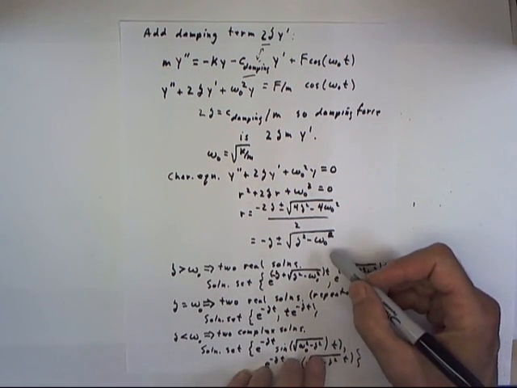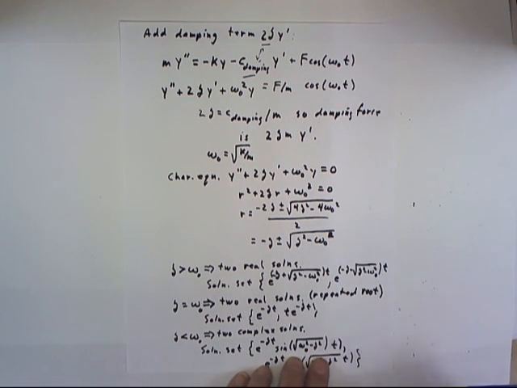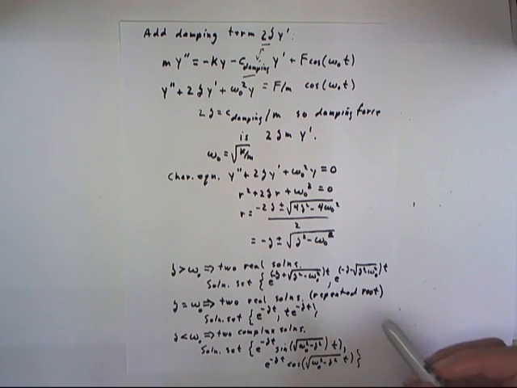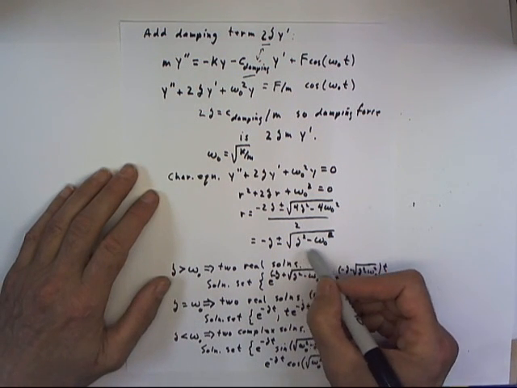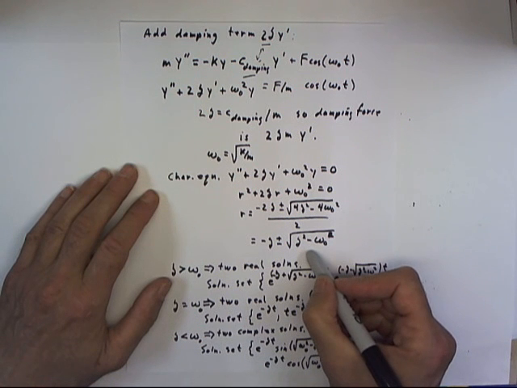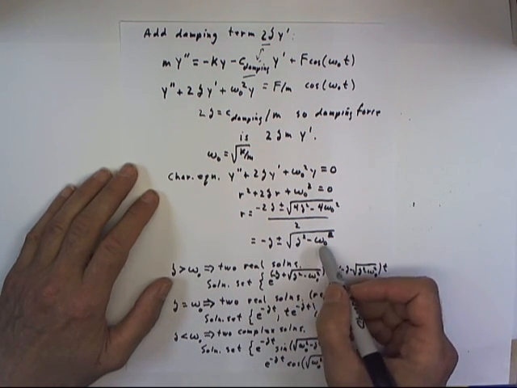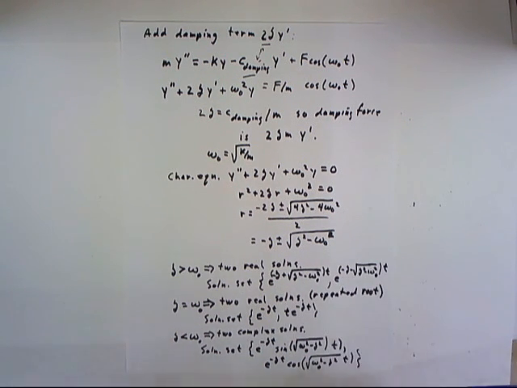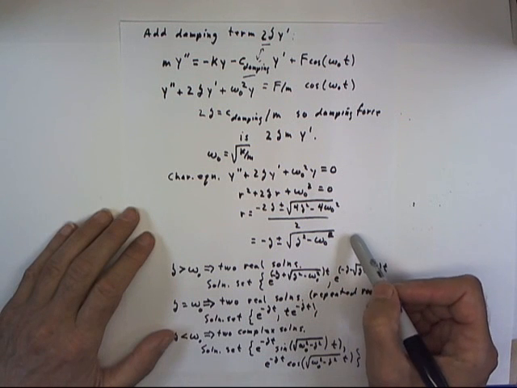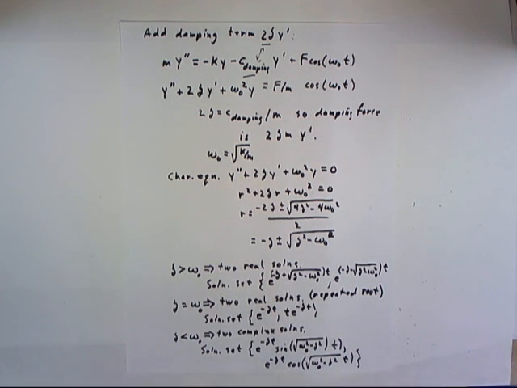And notice that this reverses the order of the omega naught squared and the delta squared, because when delta is smaller than omega naught, we get a negative under the square root, so that we're going to have the square root of whatever the magnitude of that is times i, and the i is used to get the sine and cosine using the Euler identity, etc.